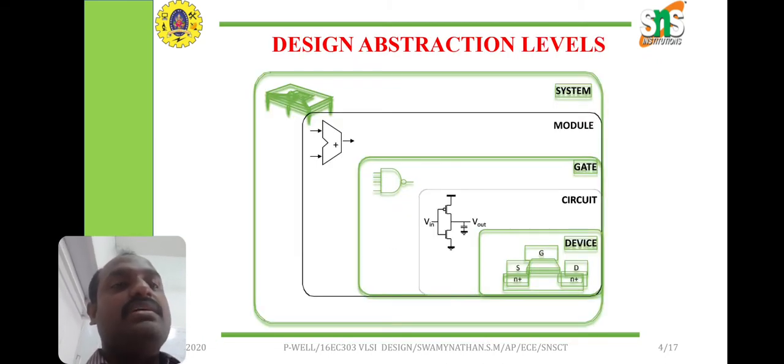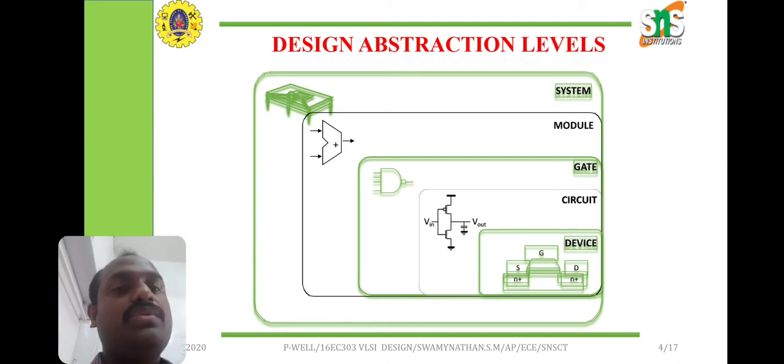Next, design abstraction levels. First is the system level, that is the main system. Next, the module level. What are the different modules we are using? For example, if you take a computer as a system, the different modules inside the computer are the keyboard, mouse and CPU.